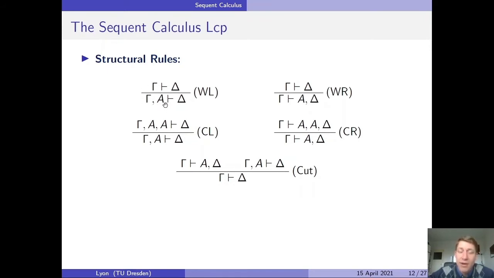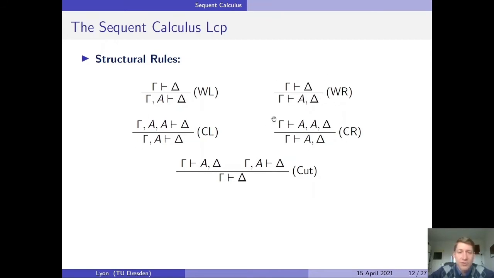It doesn't matter that this A has been introduced. This has to do with the fact that if you have one formula which is a consequence of a set or multi-set of formulae, then it will be a consequence of a larger set, a superset of that set, because it still is implied by everything in that original set. So that's what weakening left is encoding, essentially monotonicity of assumptions. Weakening right is saying something similar, but we're introducing a formula on the right.